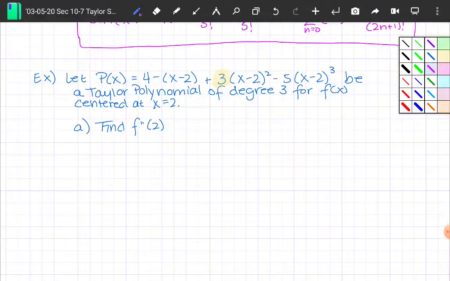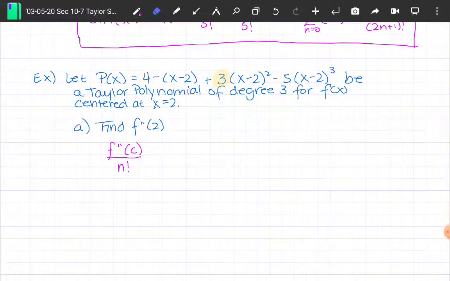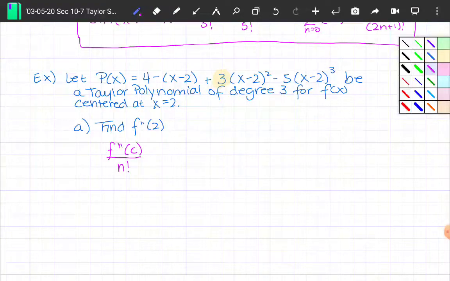And if you think of the formula for Taylor polynomials, we have this guy right here. Actually, if I'm going to generalize it, the nth derivative evaluated at c over n factorial times (x minus c) to the n.